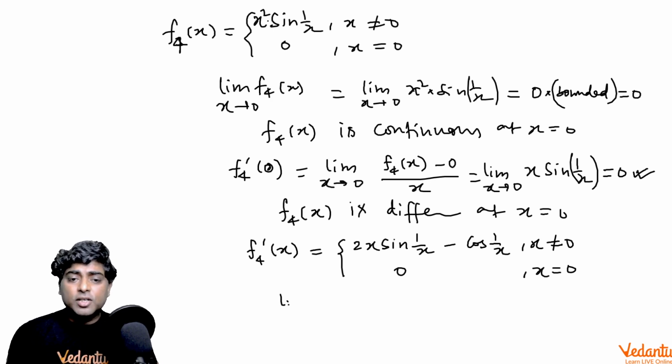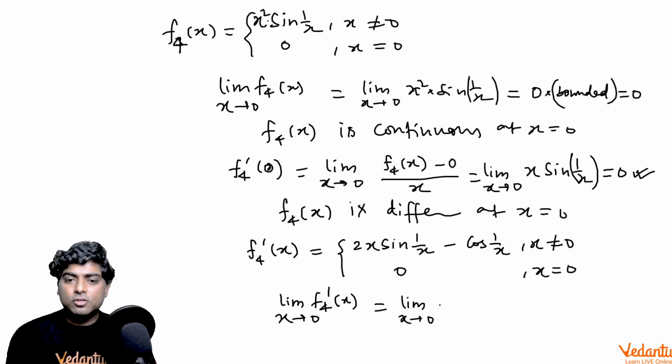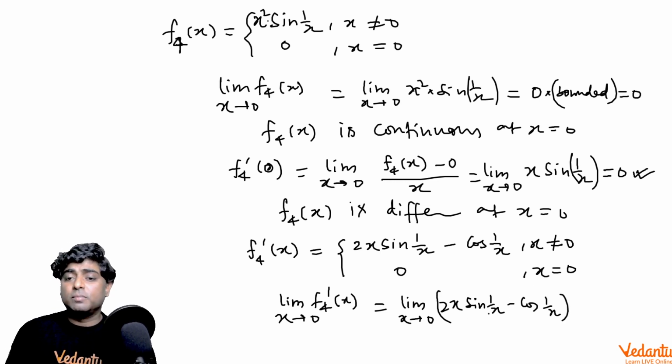But if you check the limit of f4 dash at x equal to 0, you will see limit x tending to 0 of 2x sine 1 by x minus cos 1 by x. The first part is 0 into something between minus 1 and 1, 0 into bounded is 0.